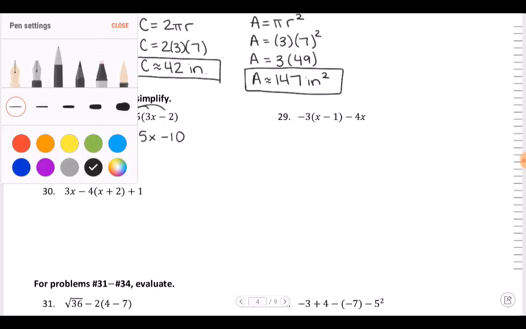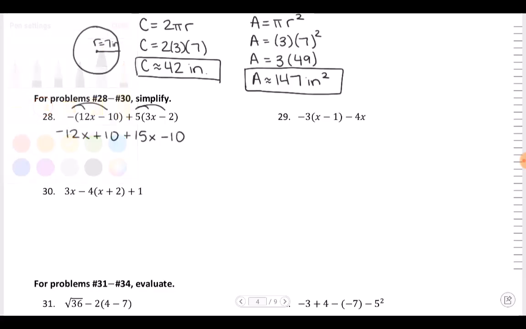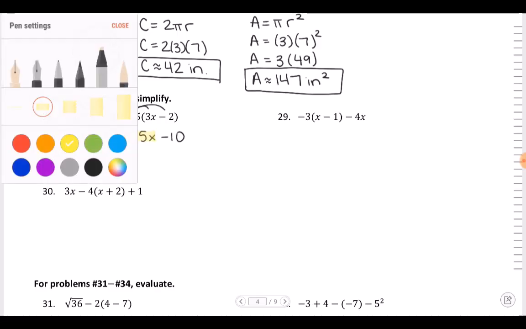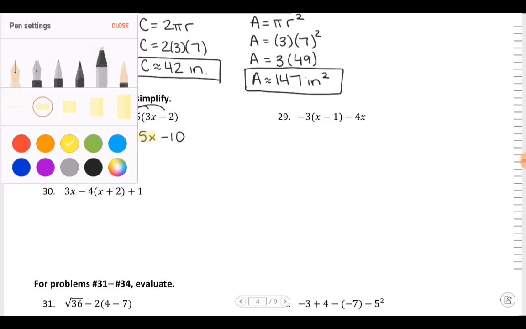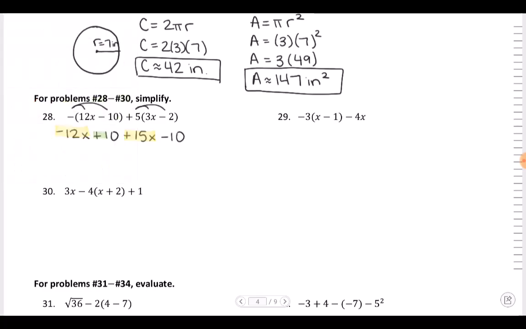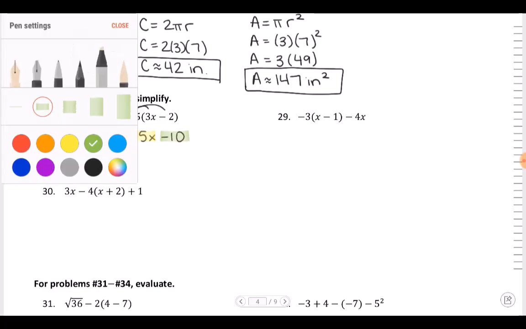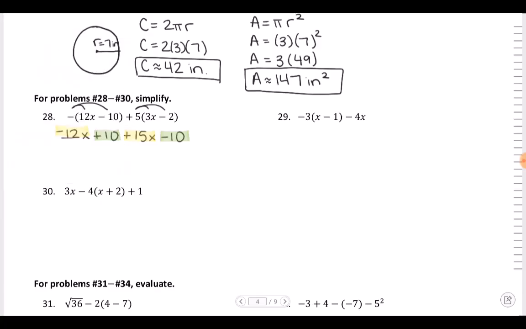So I need to look for some like terms, and I see I have negative 12x and a positive 15x, and I have positive 10 and negative 10. Oh, interesting. Okay, well, negative 12x plus 15x would be a positive 3x. And then positive 10 and negative 10 add up to 0, right? So those cancel out. And therefore, your answer is just 3x.